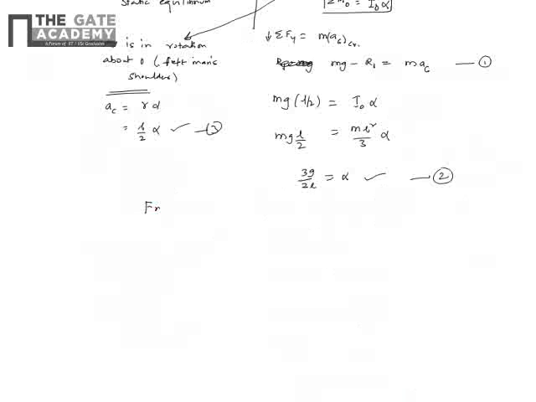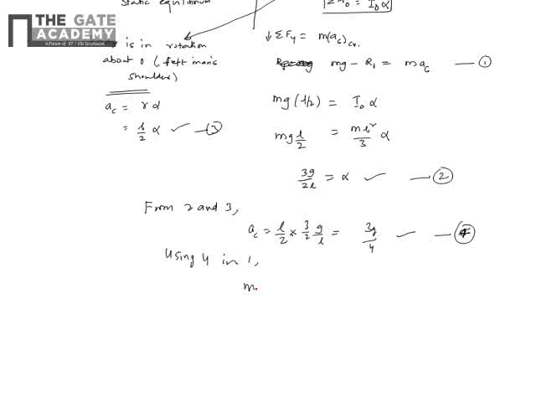From 2 and 3, I get a C as L by 2 into 3G by 2L, so a C is 3G by 4, equation 4. Now using 4 in 1, because I need to find R1, I get mg minus R1 as m a C, which is 3mg by 4.